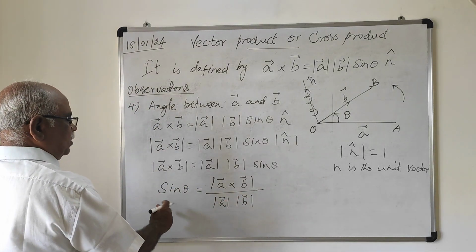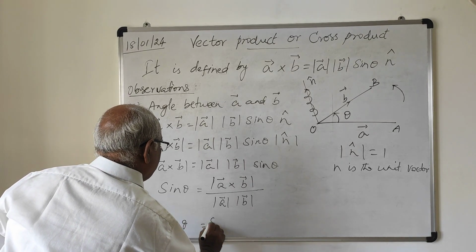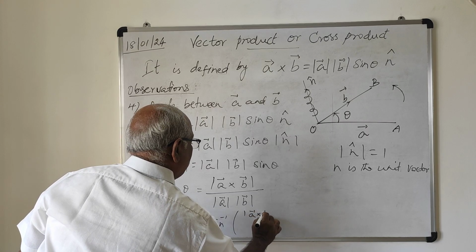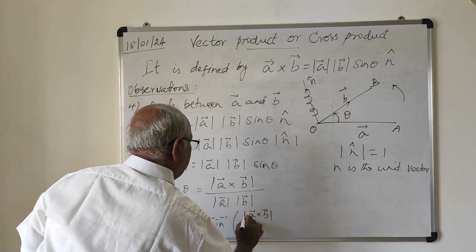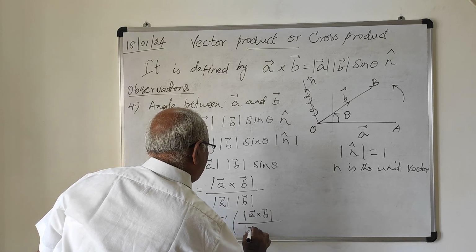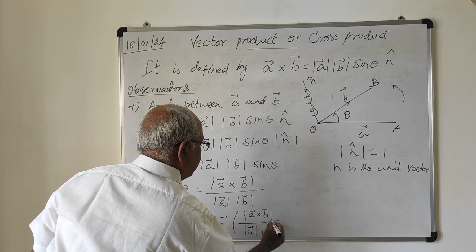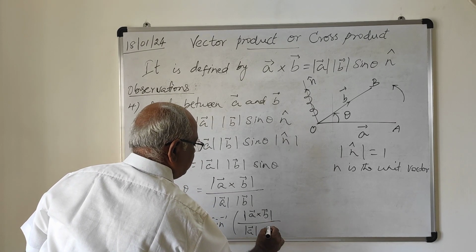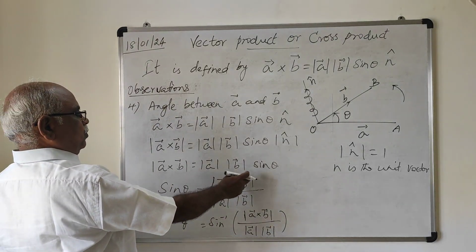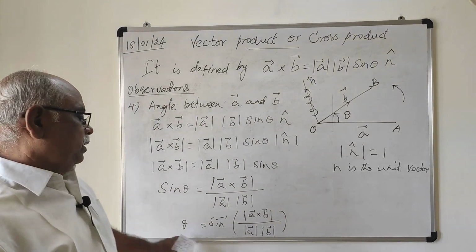From this, theta can be expressed as sin inverse of mod of A cross B by mod A into mod B. This is the formula for finding the angle between the vectors A and B.